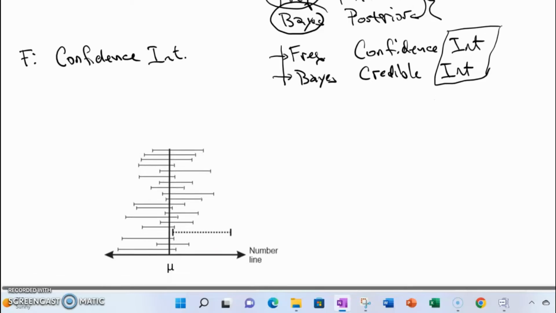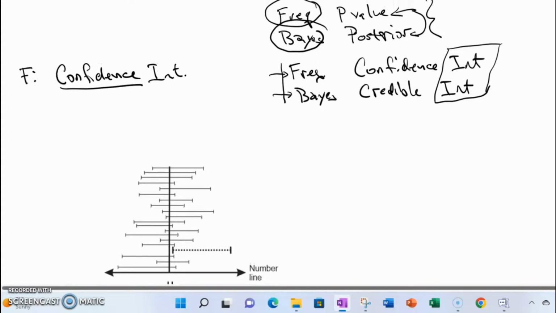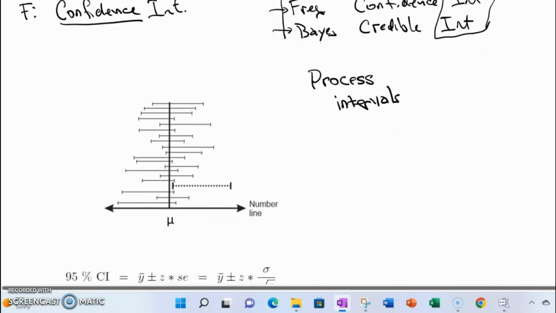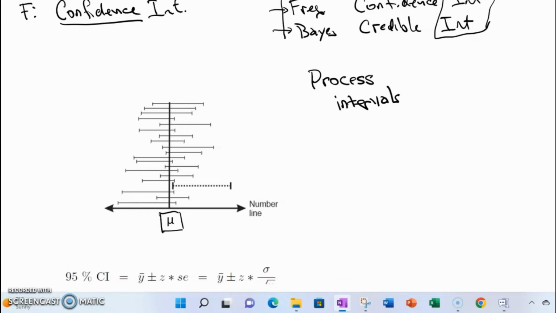And the thing to bear in mind with the 95% confidence interval is that it defines a process for making intervals. So if we think about our IQ example, there's the mean IQ of the IB students, and we've got a process that generates intervals.